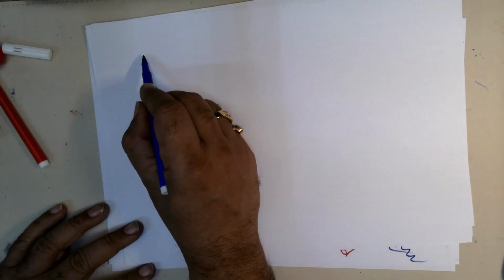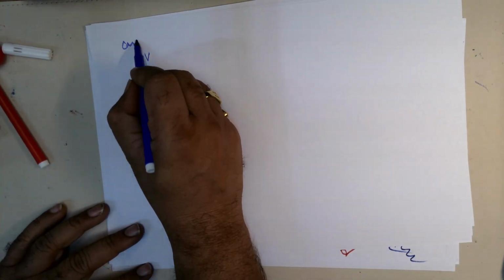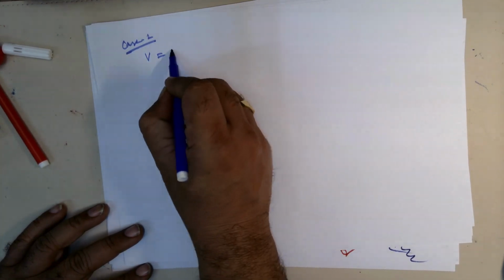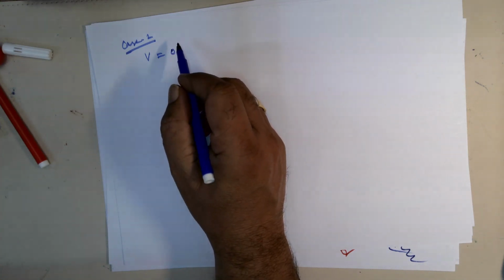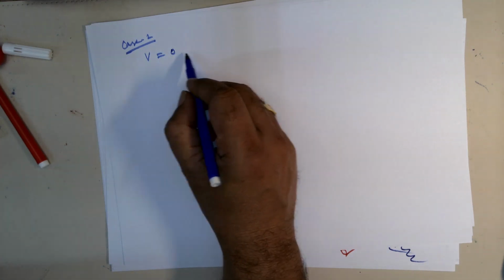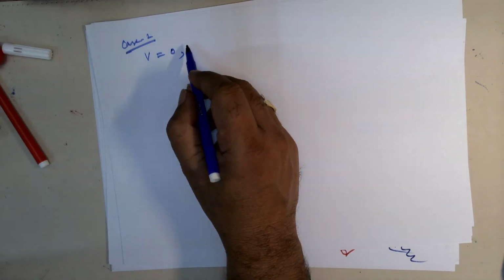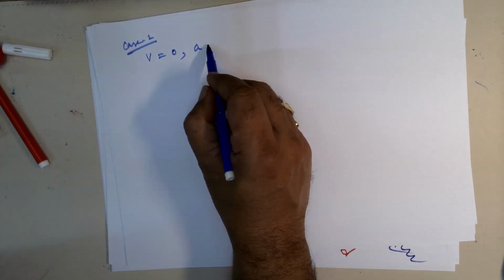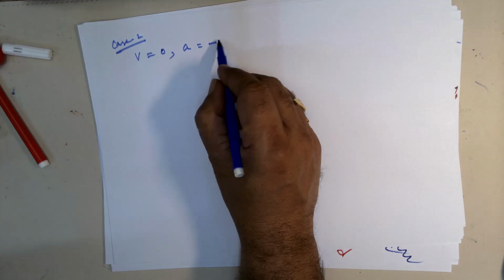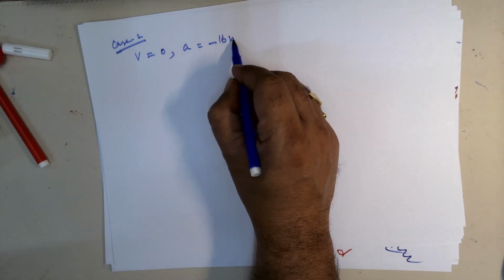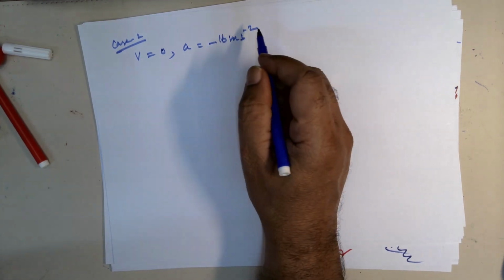What is the second case? Case 2: v is equal to how much? 0. And what is the acceleration we got? a is equal to minus 16 meter per second squared.